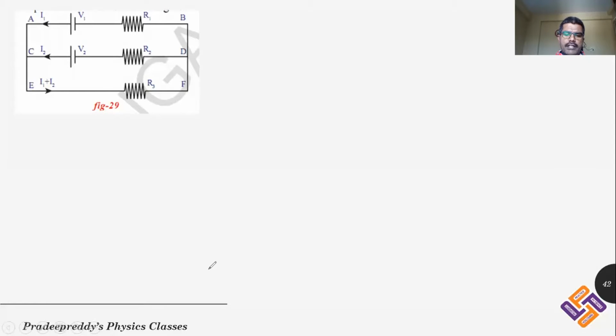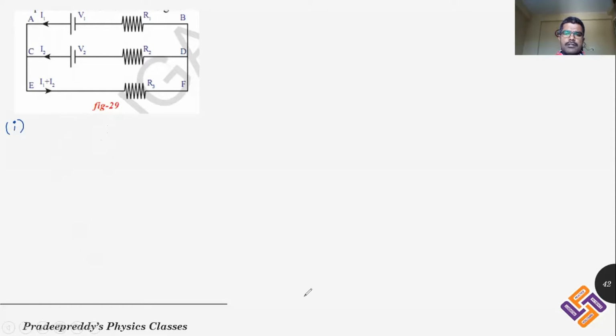As in the previous video lectures, I have already explained to you a simple step-by-step procedure for how to use Kirchhoff laws in order to solve for unknown currents in the circuit. So, step 1, as we already have learned, identify the batteries and give current directions from the batteries.